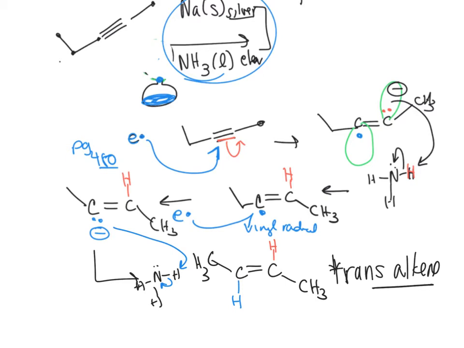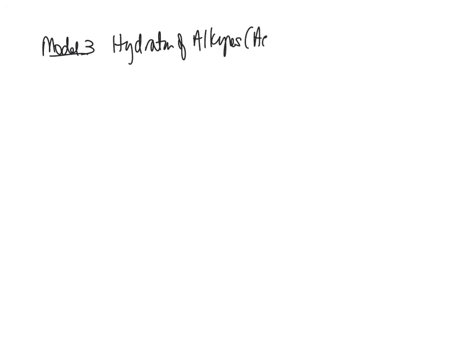Now, that should take you through model 2, and we have one more model to go, and that's hydration of alkynes. So model 3, if you'll work through that. This is your last POGL model for organic 1.